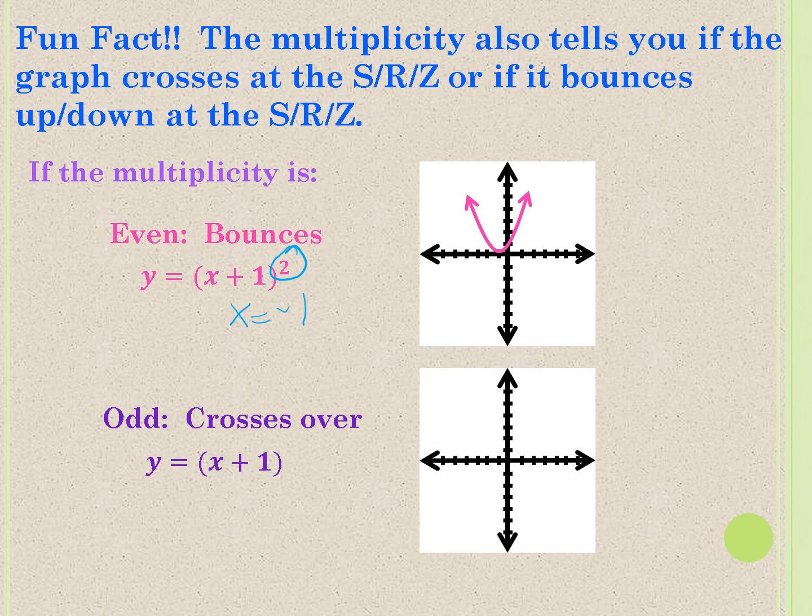So again, take, for example, here, it's still x equals -1, but it's got a multiplicity of 1. So look what it does. It goes through and keeps going. So even multiplicity bounces. Odd multiplicity goes straight through. This is going to help us in determining the graphs of our equation.